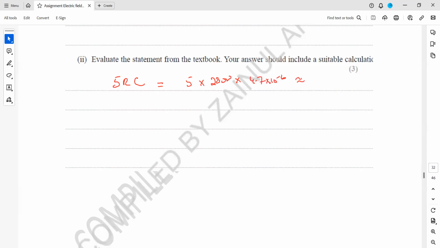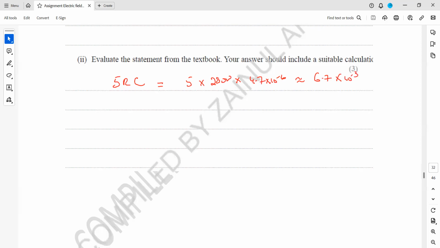So this will be approximately equal to 6.7 into 10 to the power minus 3.